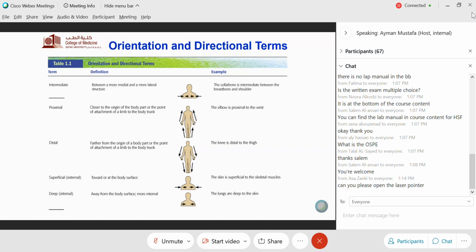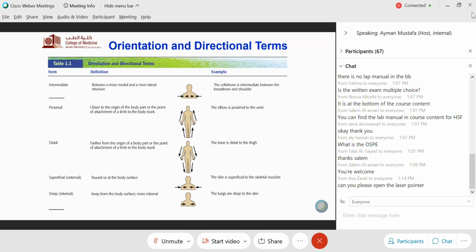When I'm comparing two structures located in the limb, whether it is upper or lower, the structure which is closer to the root of the limb, we call the area where the limb attaches to the body the root of the limb, we will call it proximal.